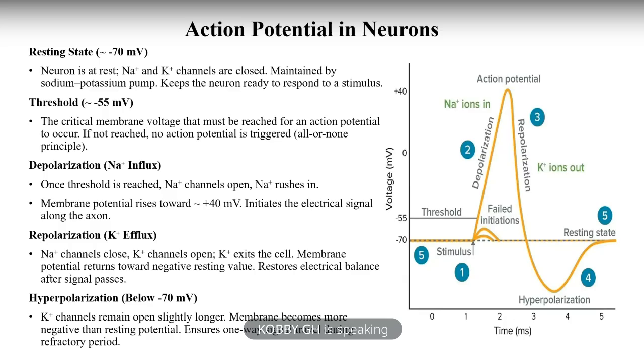What that means is that when it hits the threshold, it is going to depolarize, meaning an action potential, or movement of an impulse, is going to occur. When a neuron is at negative 70 millivolts, it's in a resting state.